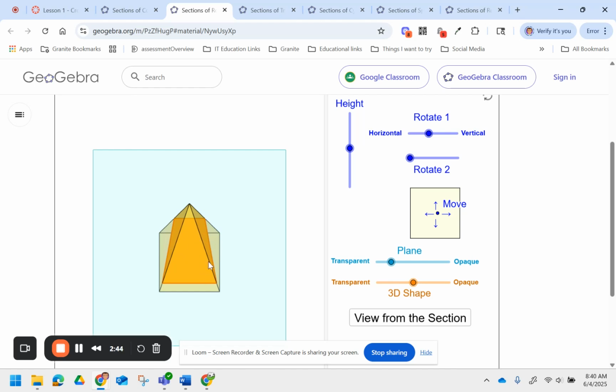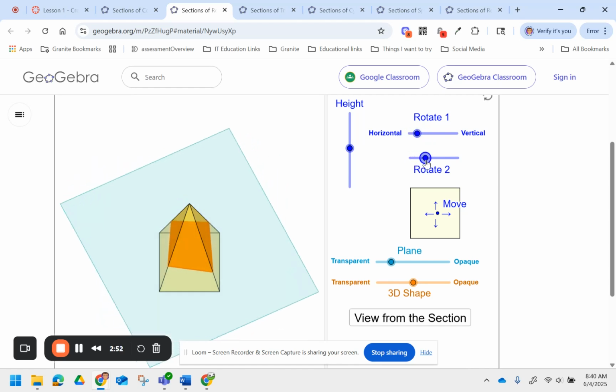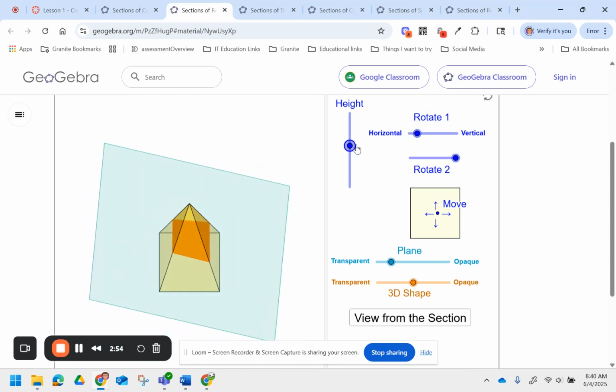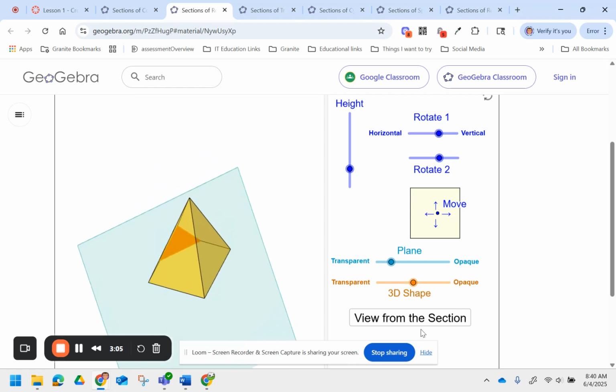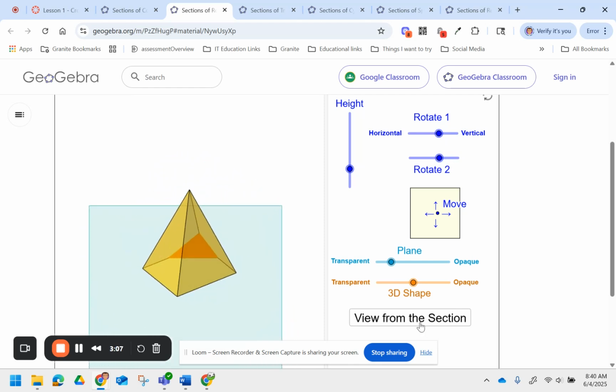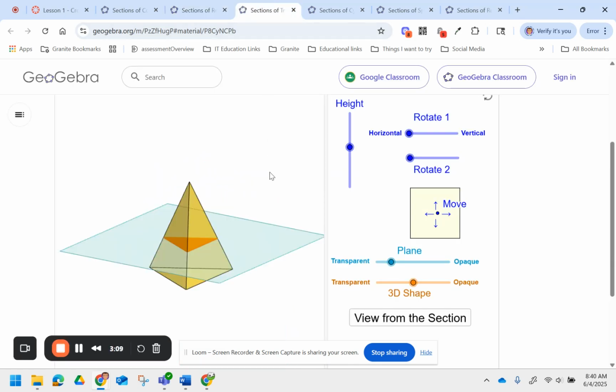And so not quite a rectangle, but a trapezoid. Okay, and once again, I could find ways of rotating it so that I'm just at a corner and I can get different triangles.